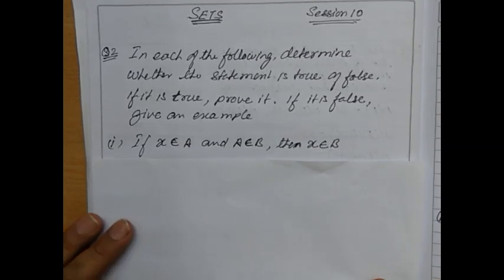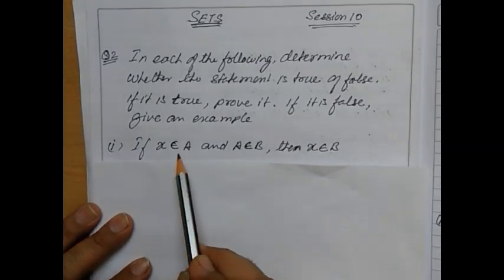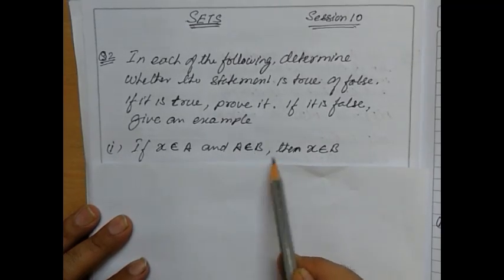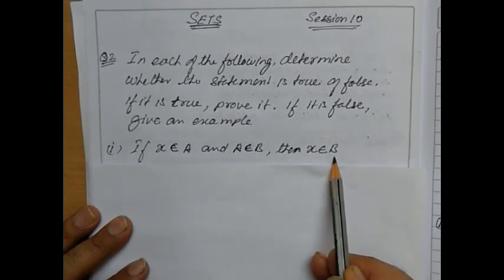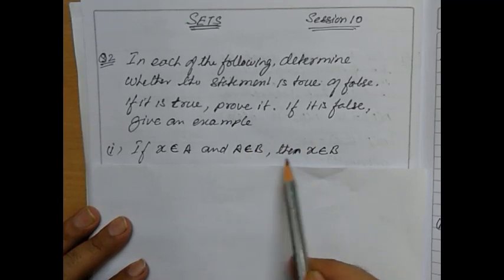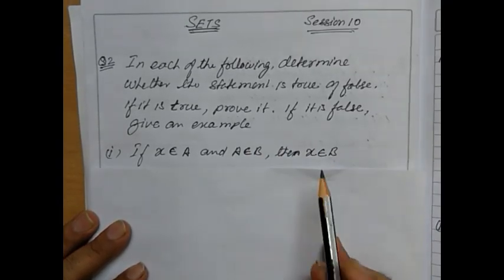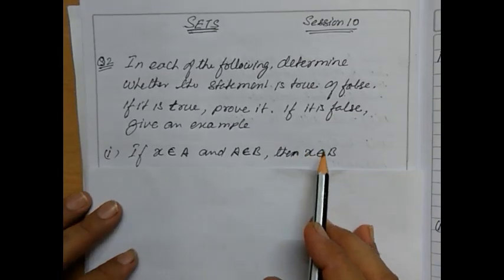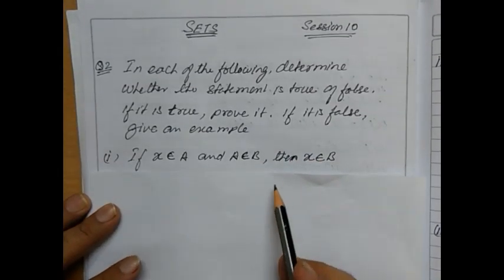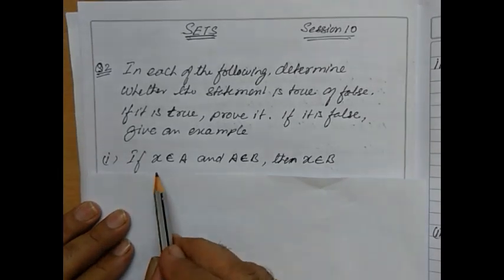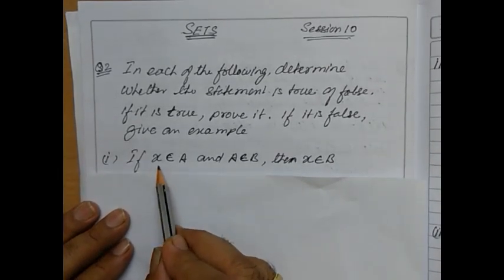Let's consider the first part of the second question. Here in the first part it says, if X belongs to A and A belongs to B, then X belongs to B. You need to find out whether this is true or false. If you see carefully, in the first instance it appears to be true, and if it is true, then we have to prove it. We need to understand that X is an element.